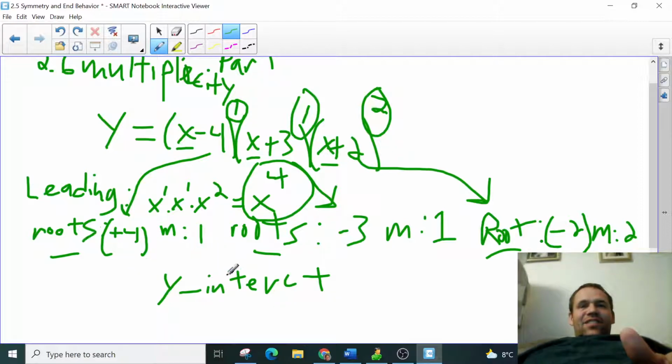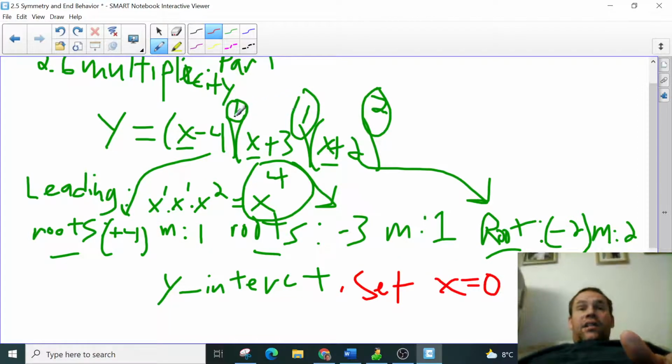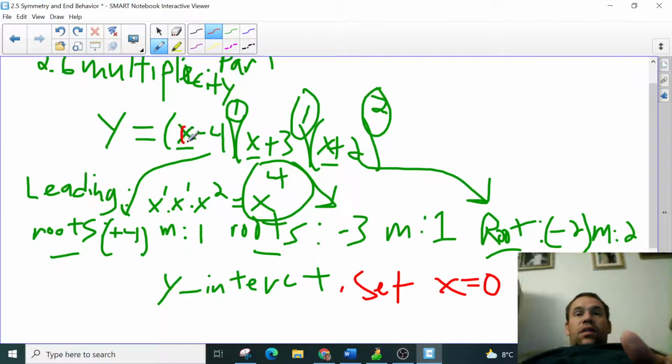Okay, so the y-intercept is basically taking each of the roots, like basically you're setting x equal to 0. To find the y-intercept, you set x equals 0. And so when you do that, all these will zero out, and you'll be left with whatever's left.